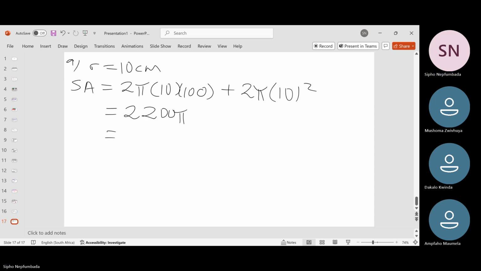Without pi? When you press SD, what did you get? 6,911.50 centimeters squared. Are we good?